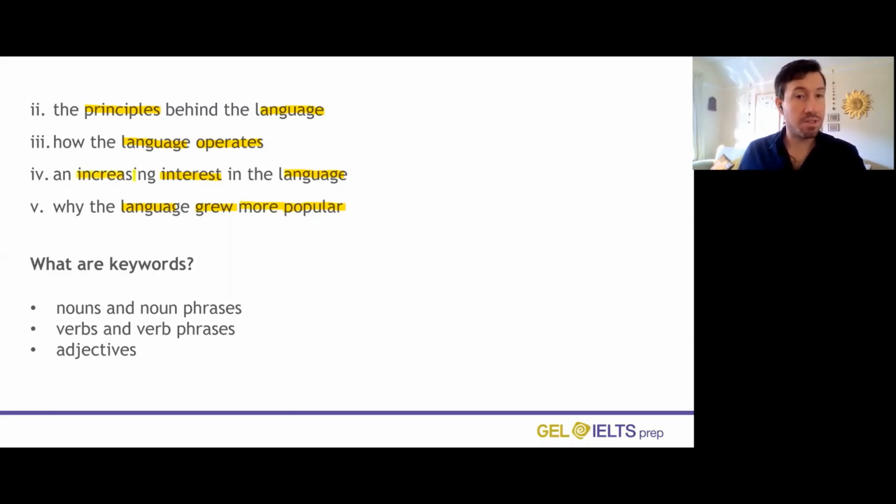Oh, and increasing as well is an adjective here. And then you'd want to highlight any adverbs or adverb phrases. So adverbs are things like how is an adverb and why is also an adverb. And they're really important because look here, how the language operates, that's different to why the language operates. Okay, so the adverbs do make a big difference.